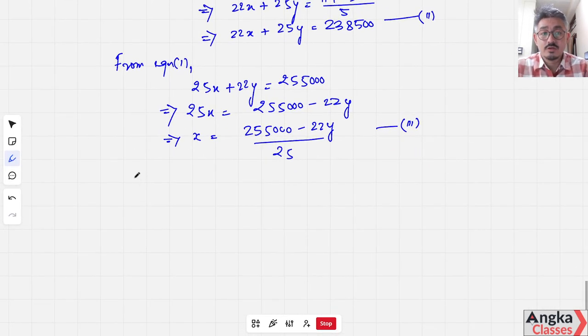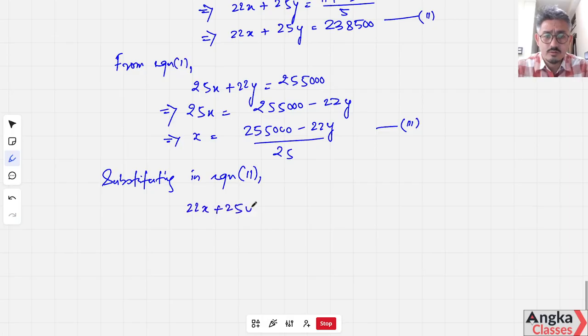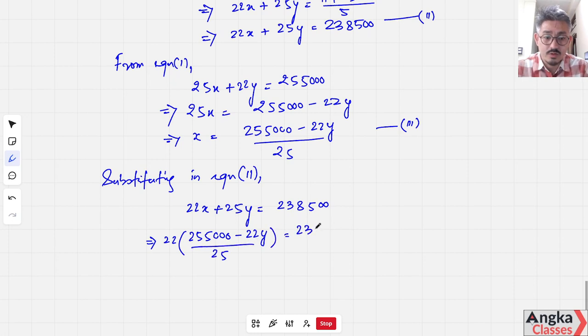Now, we substitute this value in equation 2. Substituting in equation 2, 22x plus 25y is equal to 238,500, so for 22x the value is 255,000 minus 22y upon 25, into 22, plus 25y is equal to 238,500.